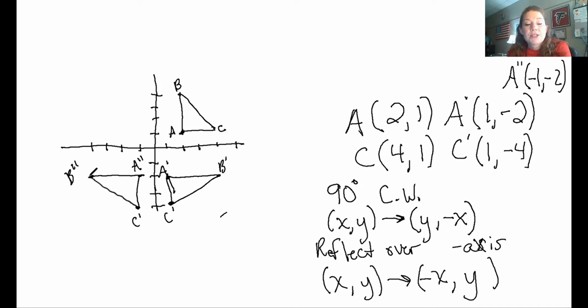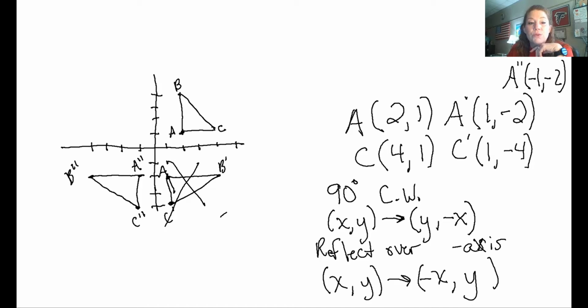Okay? So sometimes you'll have a problem where it'll give you the original picture and basically the second image, and it'll skip this part and just show you the picture that's been transformed twice, and you have to figure out what 2 transformations have happened. Well, if you're not sure, maybe those rules can help you.